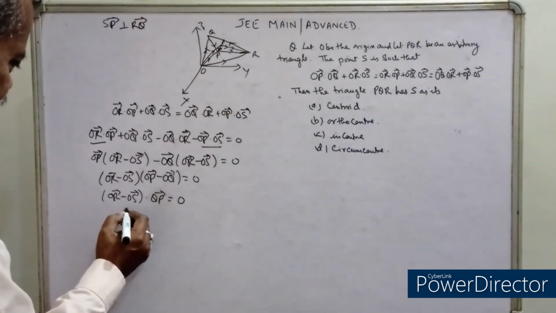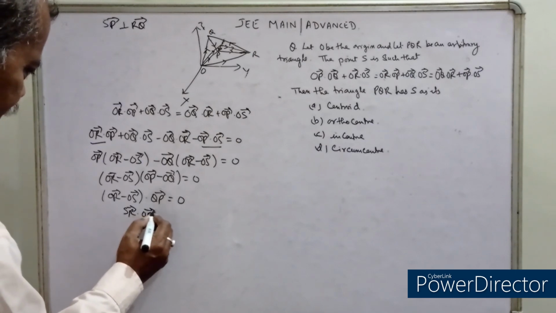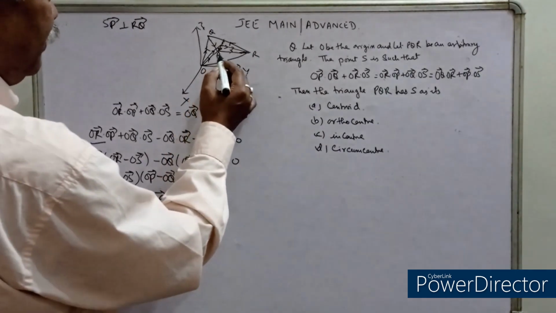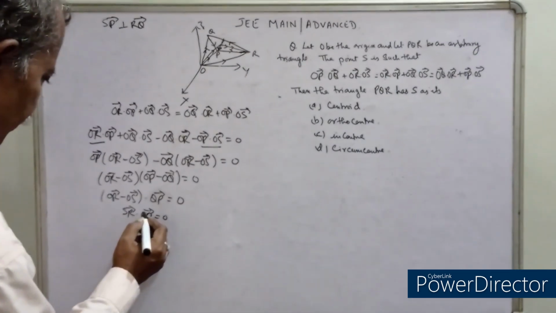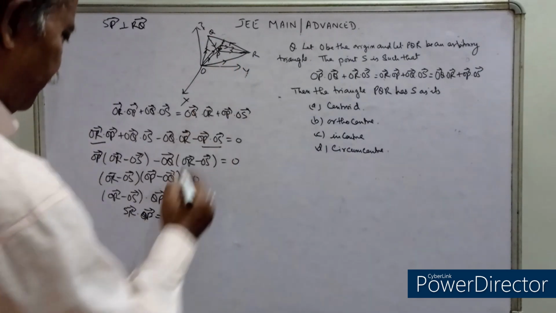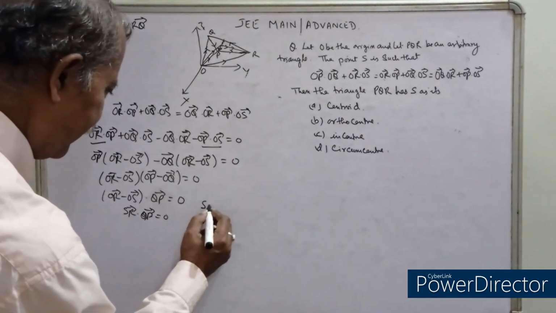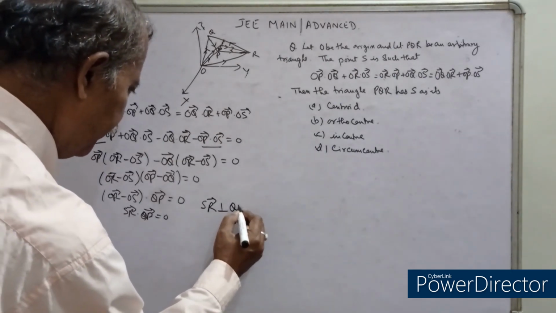So this will be SR vector dot QP vector is equal to 0. That means your SR vector is perpendicular to PQ. So here you will get SR vector is perpendicular to QP.